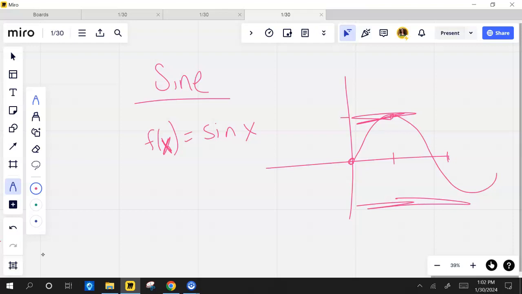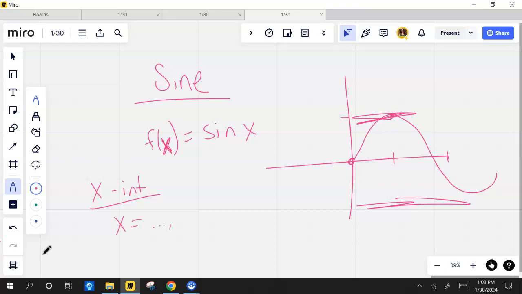So x-intercepts. This is going to be a pattern of numbers, right? If you look at what's happening, what do you notice? It's crossing the x-axis how often? Let's just stick easy with this and I'll show you how to write this fancy a little bit later.